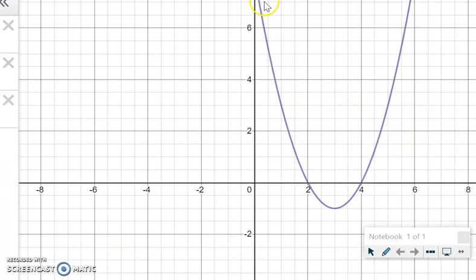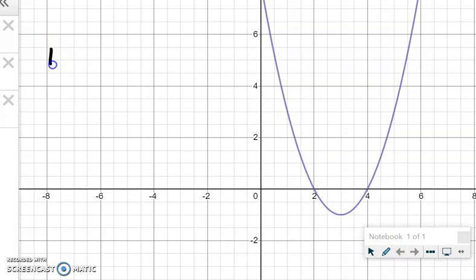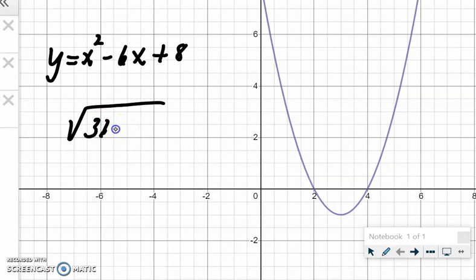I look at this graph, I see that this graph is crossing the axis in two spots. So if I look at the graph here, which is y equals x squared minus 6x plus 8, that's what this is graph. So I would know that if I took b squared, which is 36, minus 4 times a times c, this answer has to come out to be a positive value under this square root.